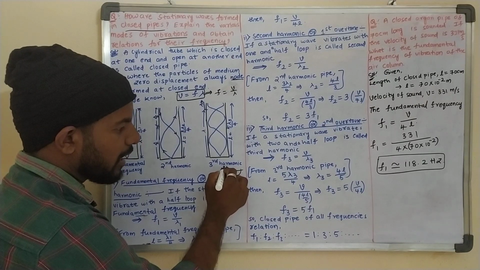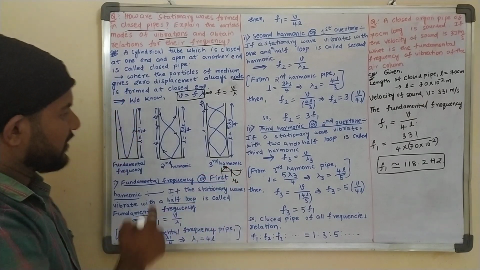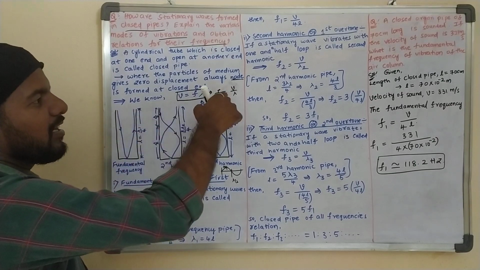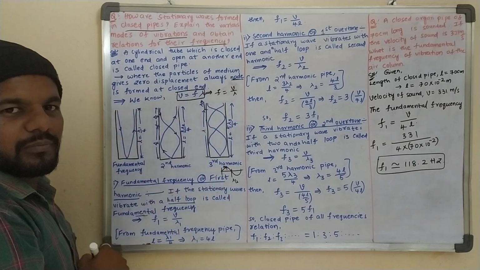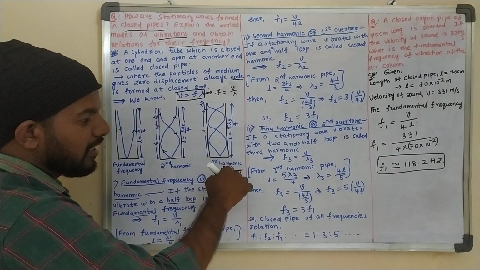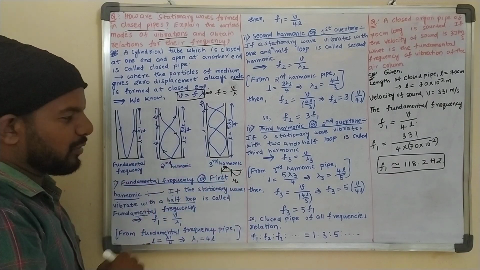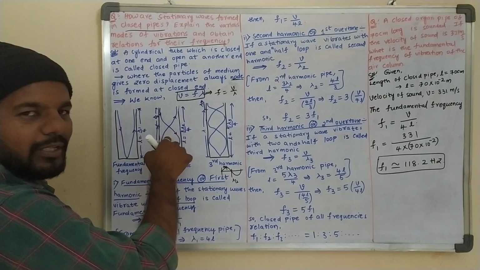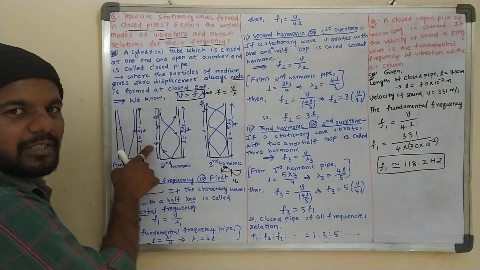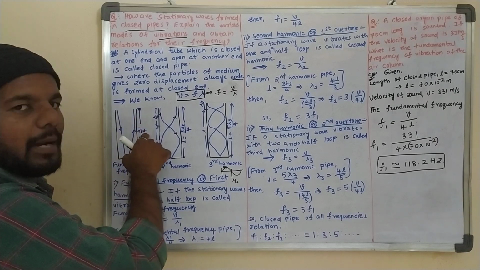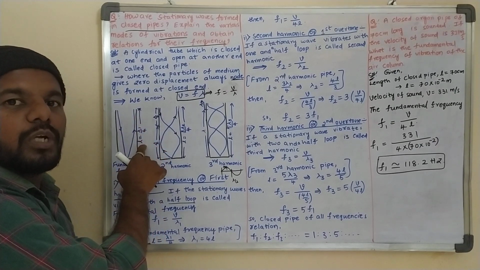This is lambda by 4. Exactly half loop. This is the complete loop, that is lambda by 2. Don't confuse: here is the half loop, that is lambda by 4, and that is equal to L.